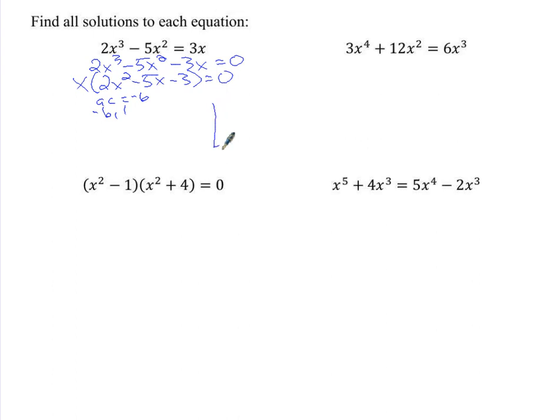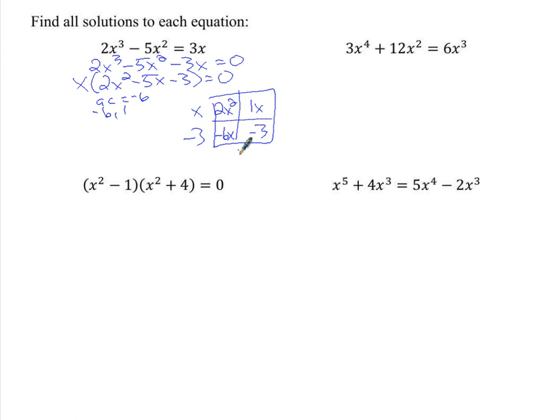So I set up my box. First box, first term, so 2x squared goes here. Last box, last term, so -3 goes there. And then the 2 numbers I picked with the variable attached, -6x, +1x. GCF across each row and down each column. For my top row, it's going to be just x. For my bottom row, it's going to be -3.